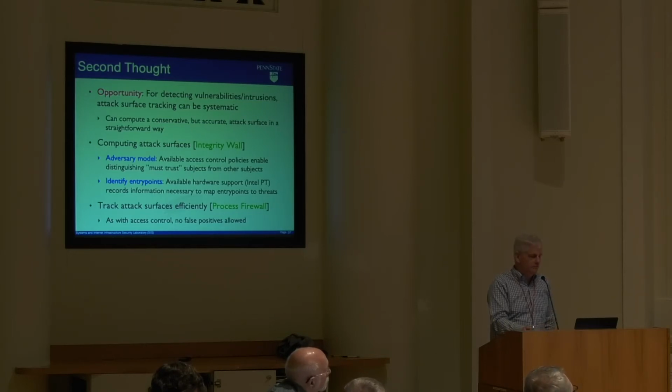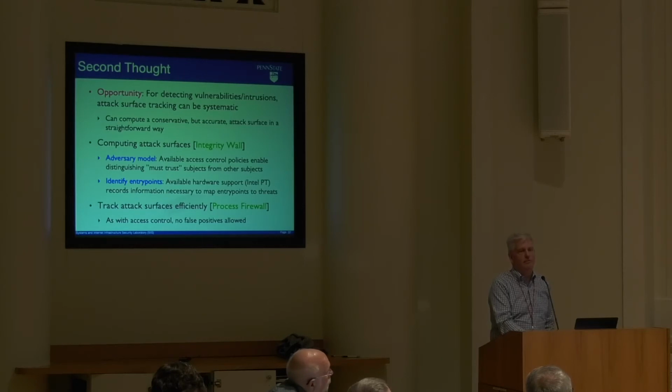One of the papers in the readings refers to this integrity wall approach, where we take a conservative approach to defining an adversary and compute, for example, the subjects that we must trust, and everybody else is an adversary.